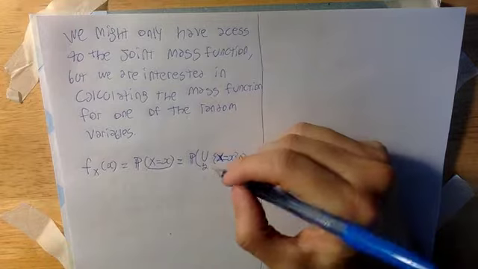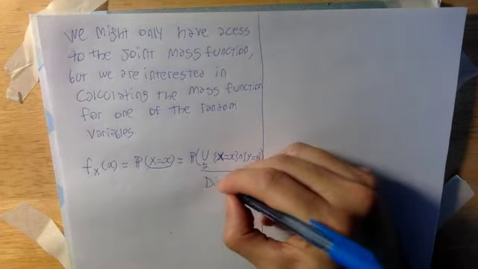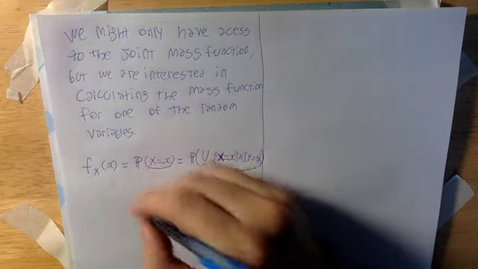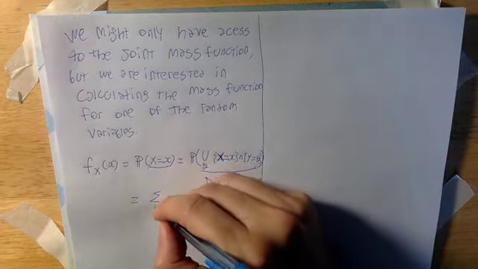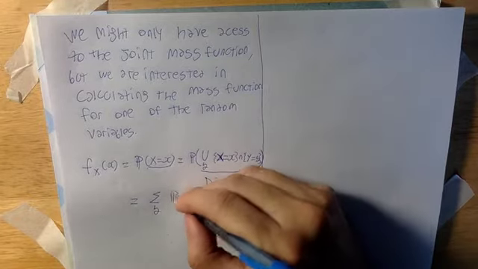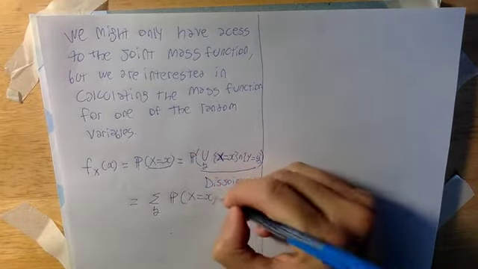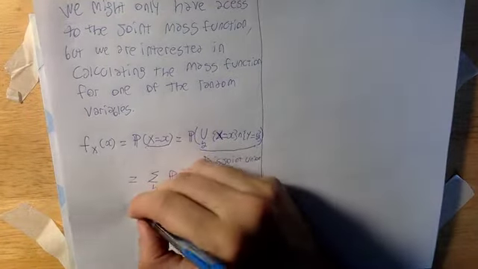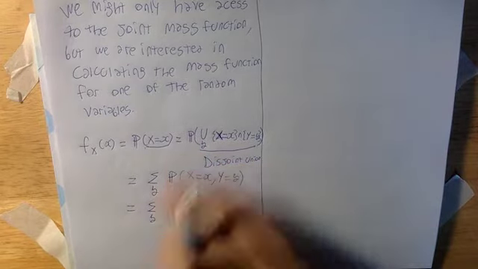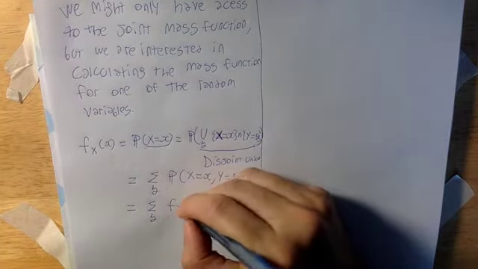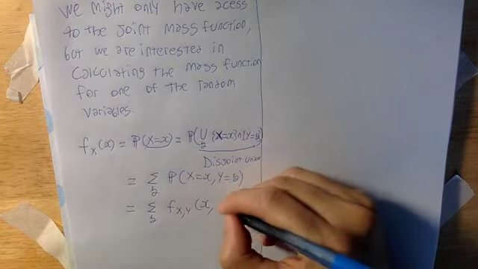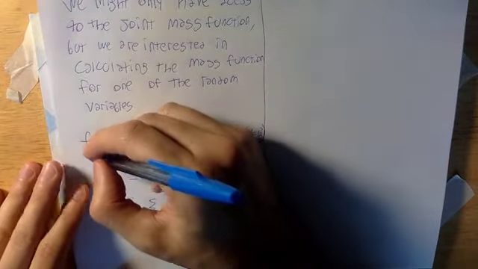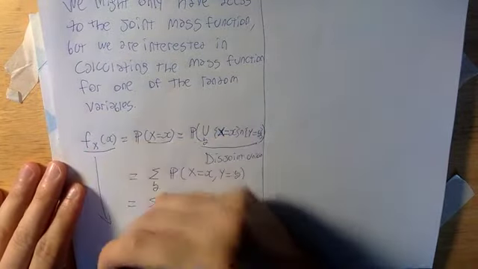Okay, so this is a disjoint union. Then by the axioms of probability, this is the sum over little y of the probability of X equals x and Y equals little y. But then this is just the sum over y of f of x, y.